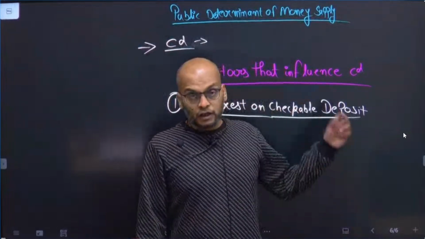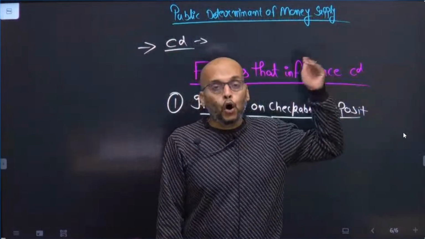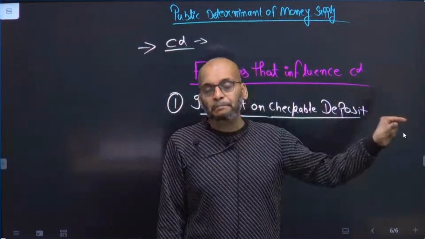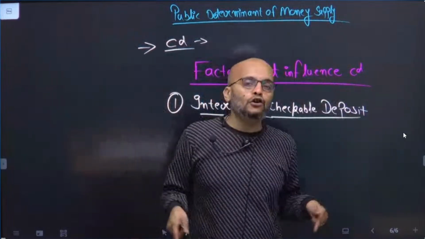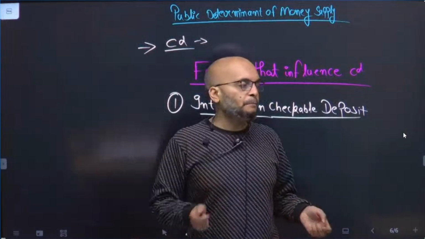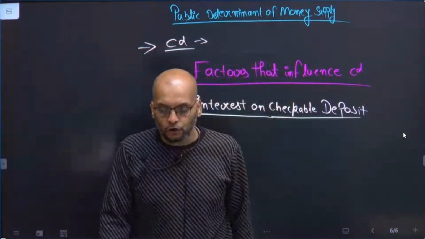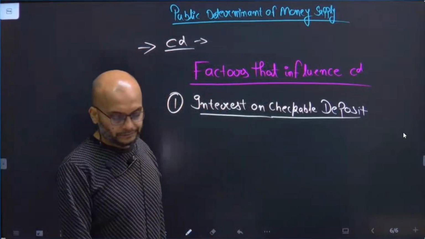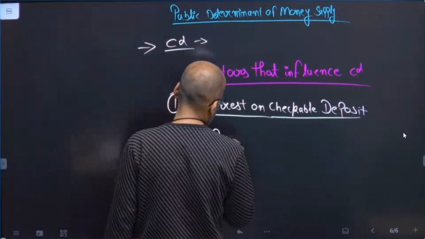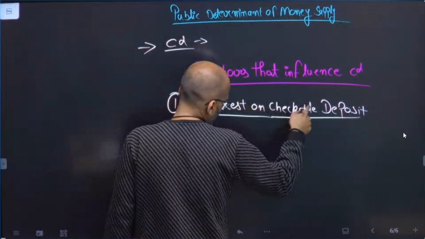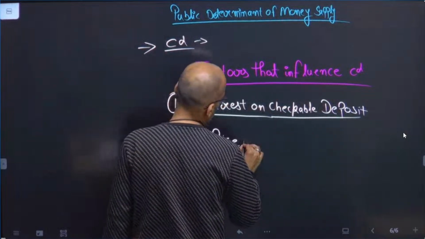Yes or no? So if you are getting higher amount of interest on your deposits in bank, what will you do? You will keep lesser amount of cash with you. You will deposit more and more money in banks. Right? So rise in the interest on checkable deposit reduces CD.